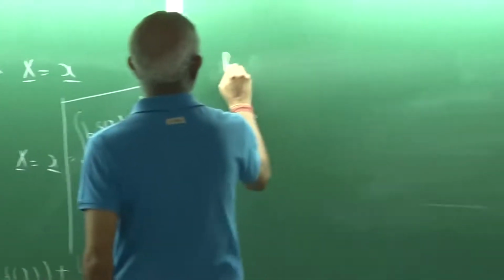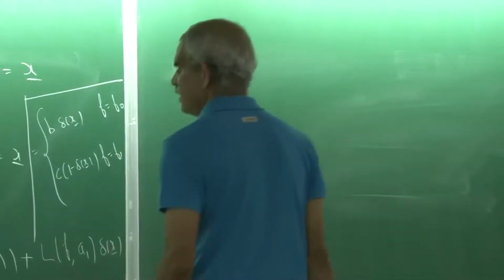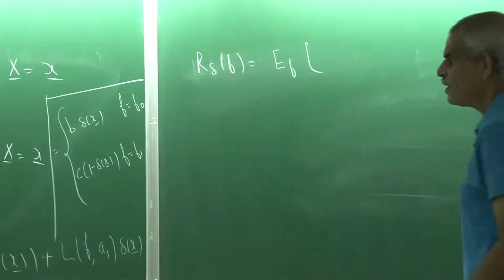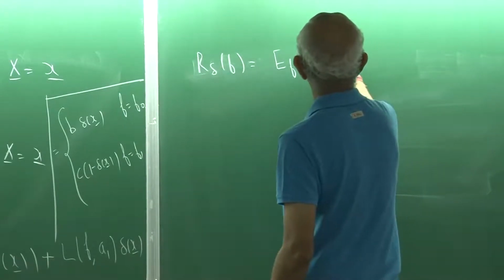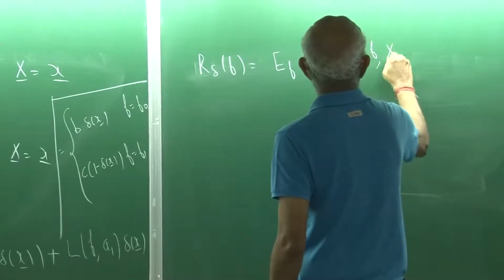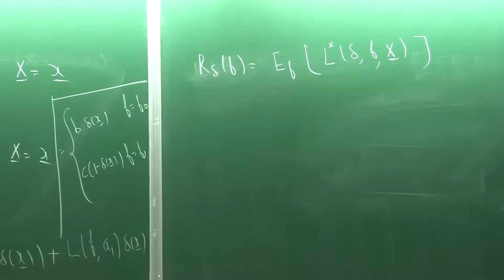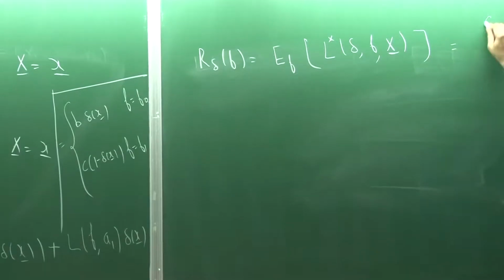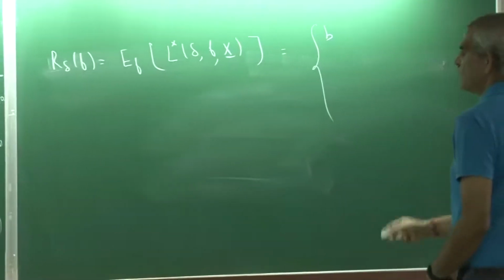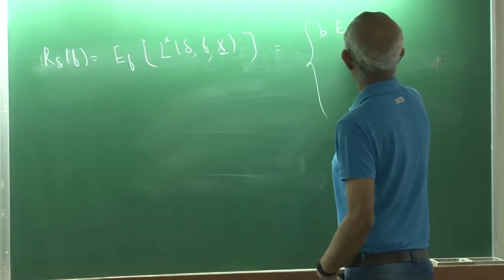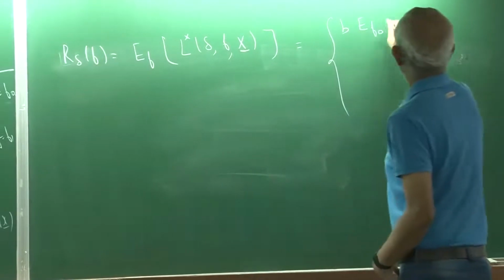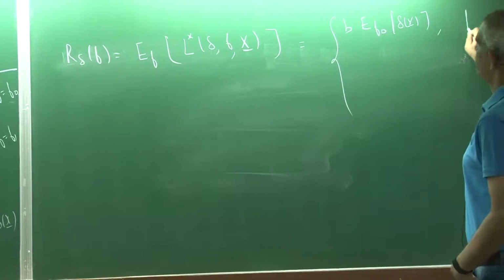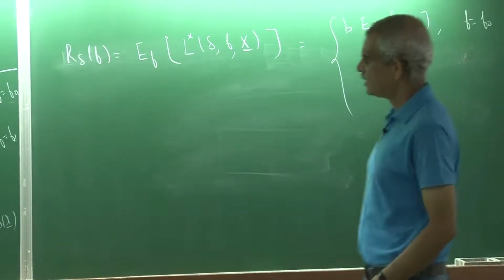R delta f is nothing but the expected value under the probability distribution f of L star delta f, and now I do the randomization over my data x, which is the same as b times the expected value under f0 of delta x, if f is f0, and c times the expectation of 1 minus delta x under f1.